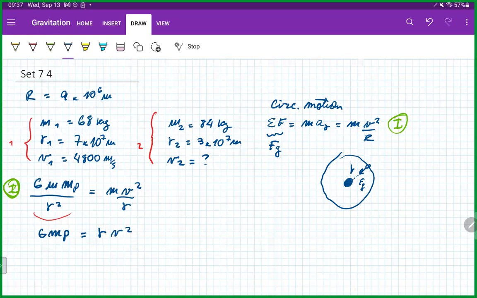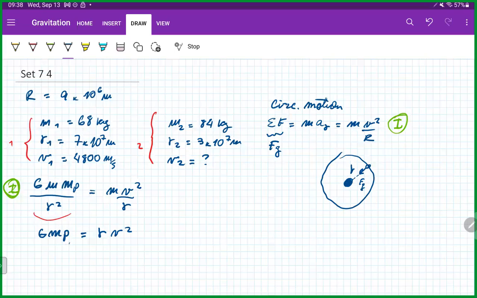Okay, so I just canceled one R from the R squared with the other R. So we had divided by R, so I just moved these R up here. So we have G, the gravitational constant, times the mass of the planet, equal the radius of the orbit and the velocity, the speed squared, right?